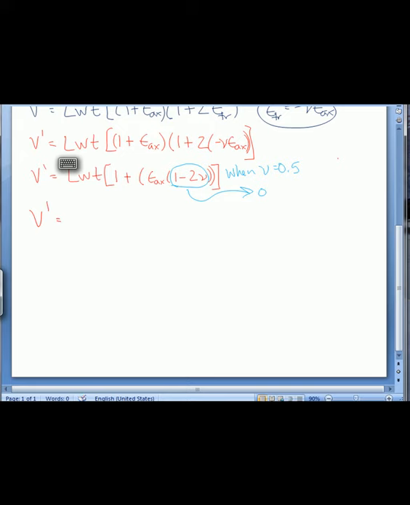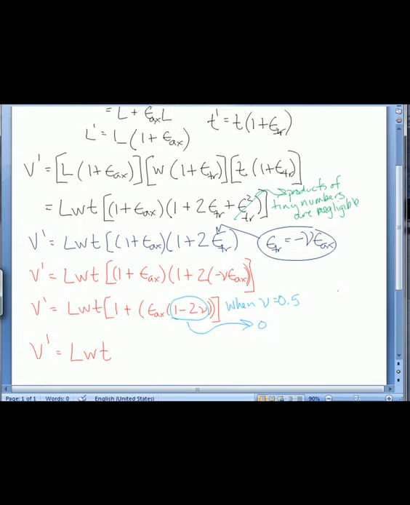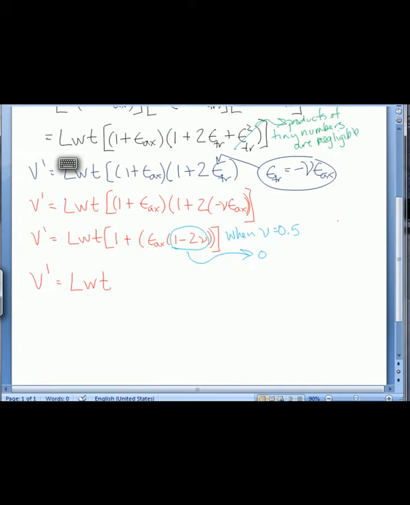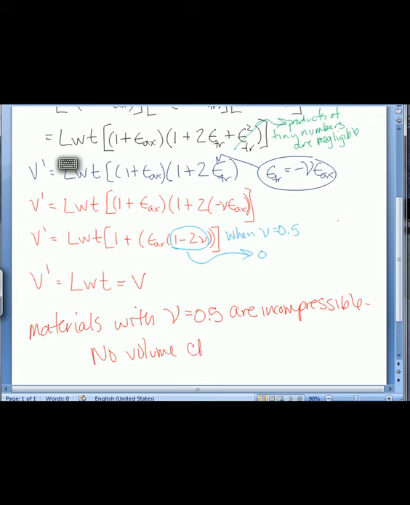So V prime equals length times width times thickness. Length times width times thickness is the original volume. So the new volume equals the old volume. Materials with Poisson's ratio of a half are incompressible. No volume change under axial deformation.